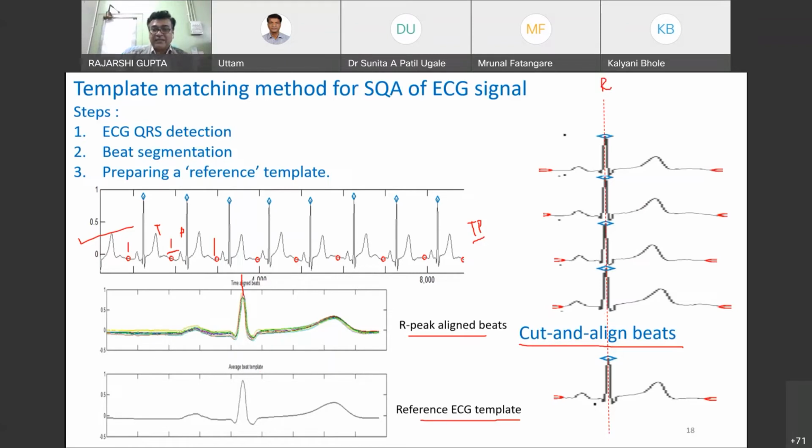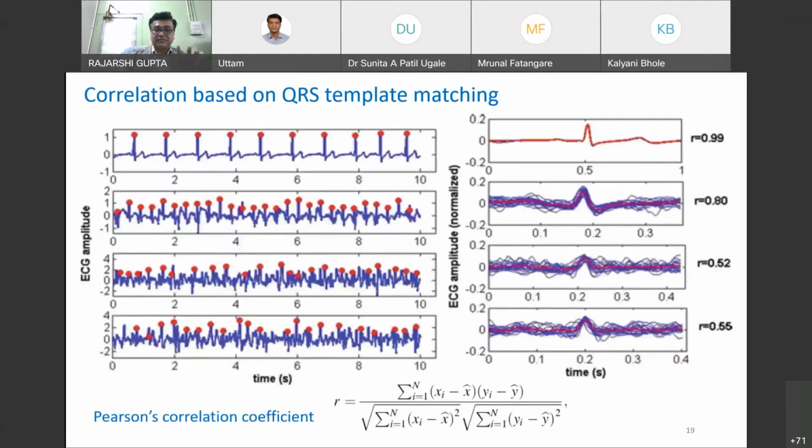And when you plot this R-peak aligned ECG, if one beat is having corruption, that will easily come out something like this. The best thing to judge is using a correlation best match.